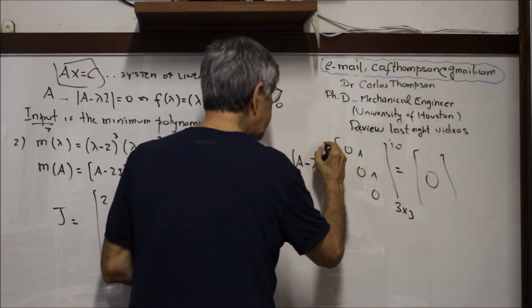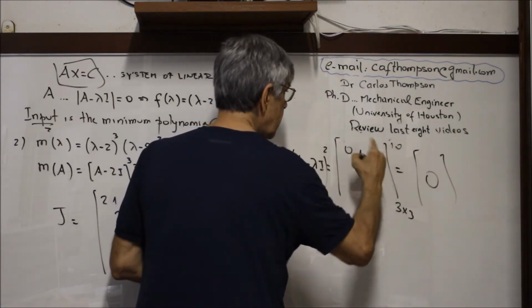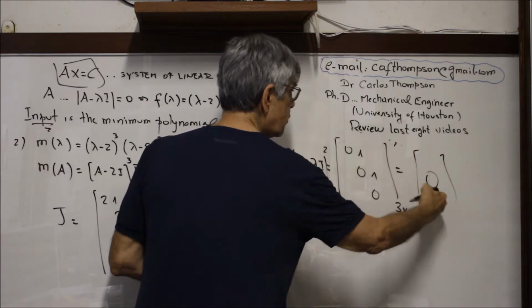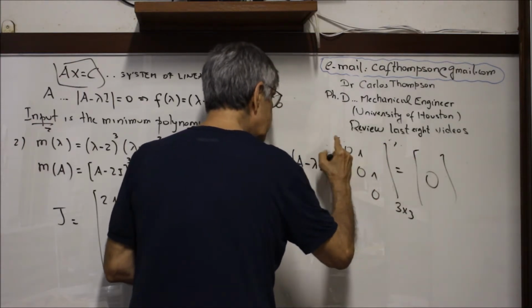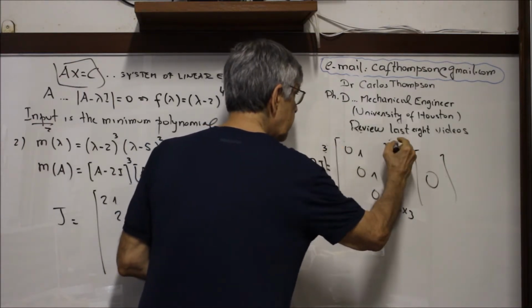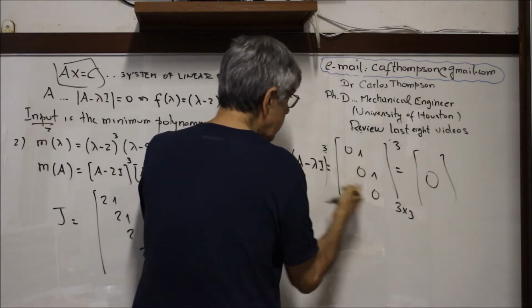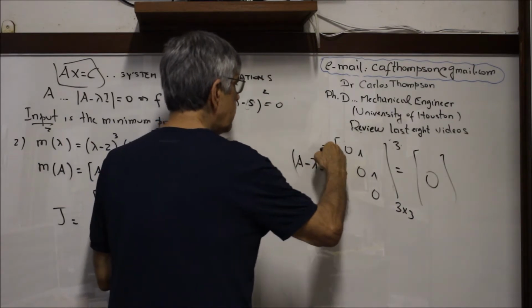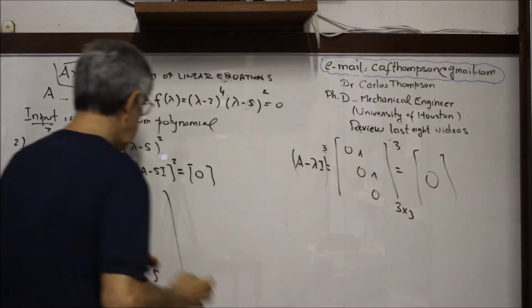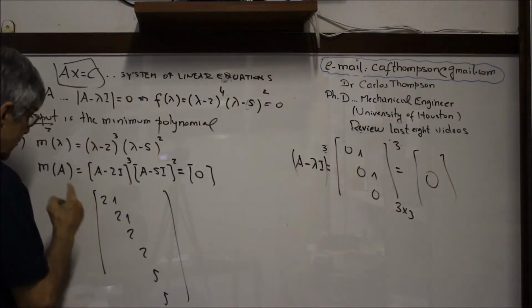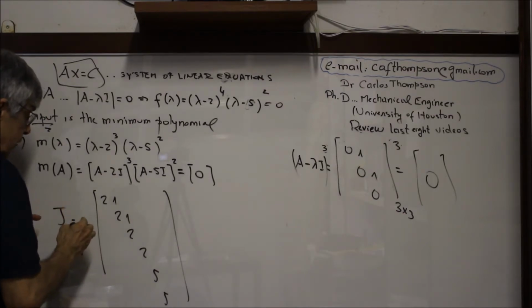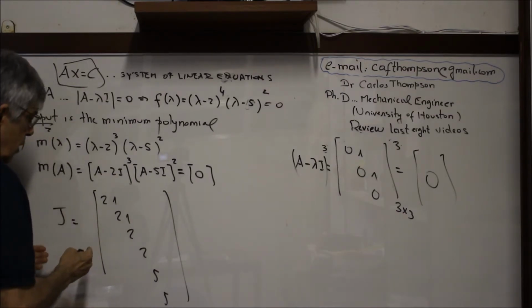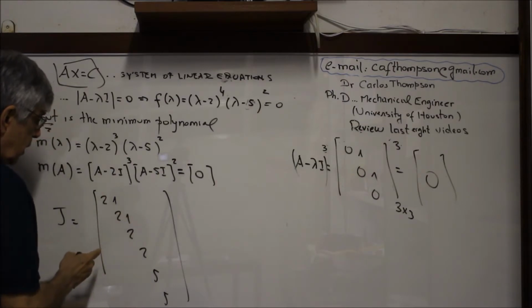So 3, if I put 2 and 2 here, this will be different from 0. To be 0 has to be 3 and 3. That's the minimum exponent such that A minus lambda I to the power 3 is 0. Now, I can see that I have to put 1 and 1 here.